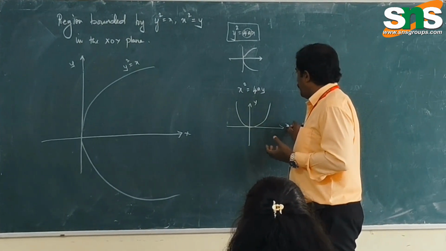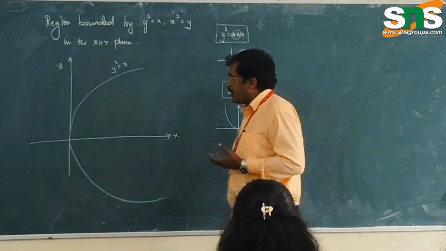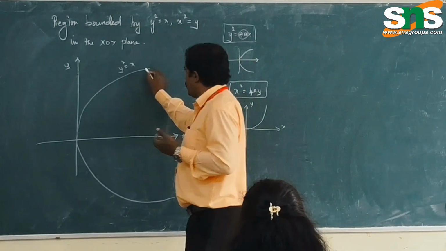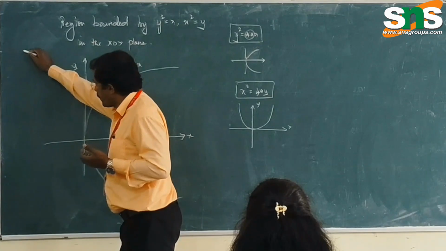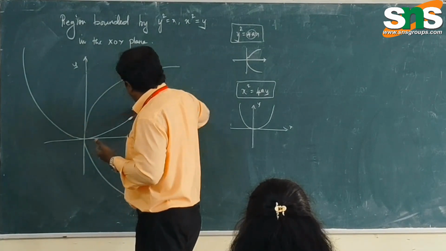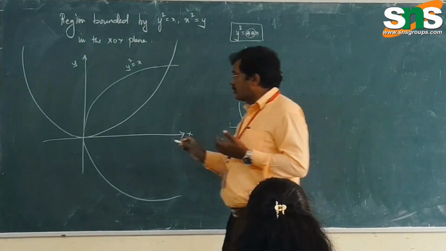This is the general form x square equal to 4ay, a parabola that opens upward. If I draw x square equal to y, the curve goes like this.